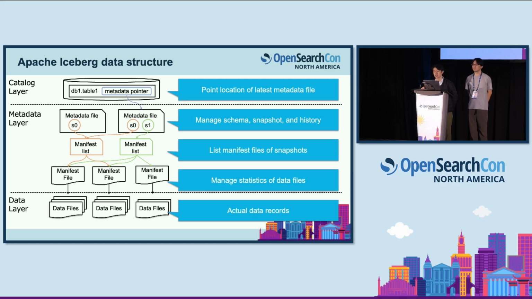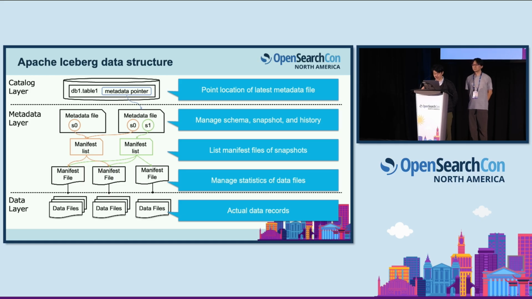The third layer is the data layer, and the data layer has actual data files and delete files. Delete files are not shown in this picture, but they track logical deletions. Iceberg tables have a structure like this, composed of these layers.